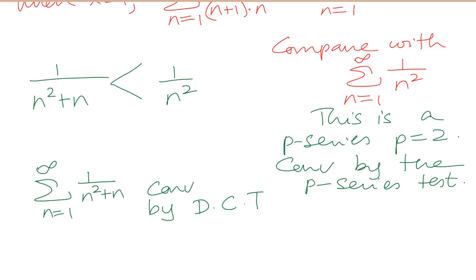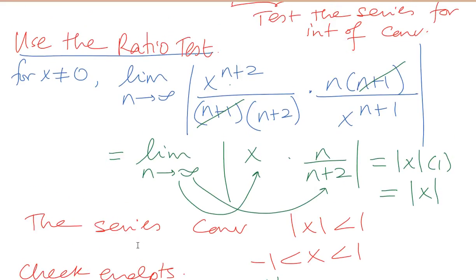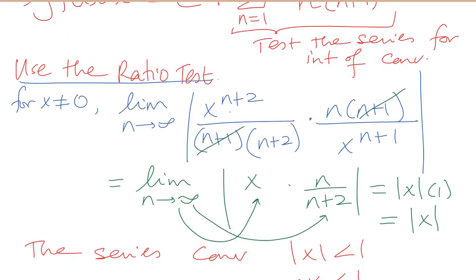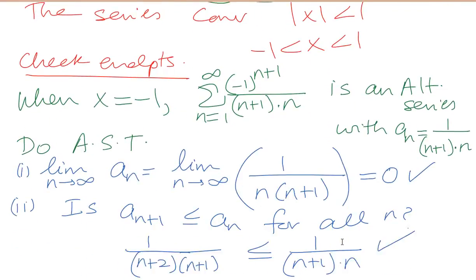Alright, guys, so let's go ahead and conclude. The series obtained by integrating f of x, mind you guys, f of x in this question is a power series. So we are asked to find the interval of convergence, first of all, for the integral of f of x. We did the ratio test. We got x between negative 1 and 1. Then we checked the endpoints.